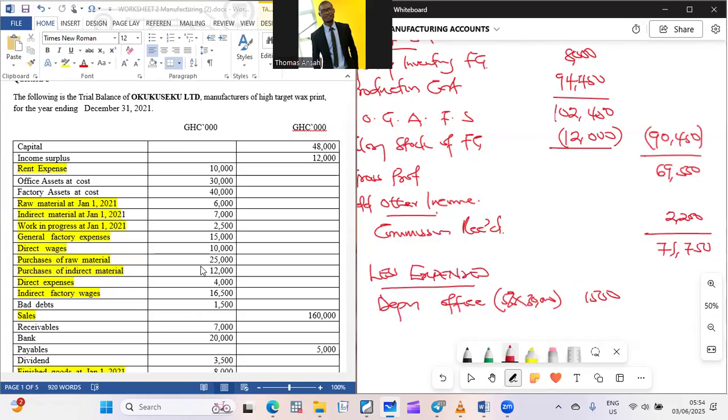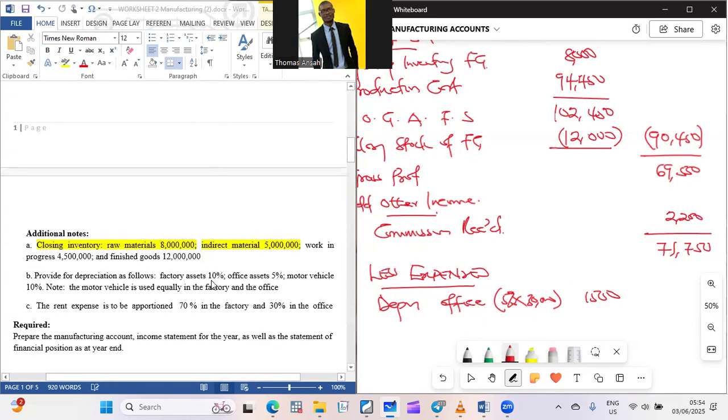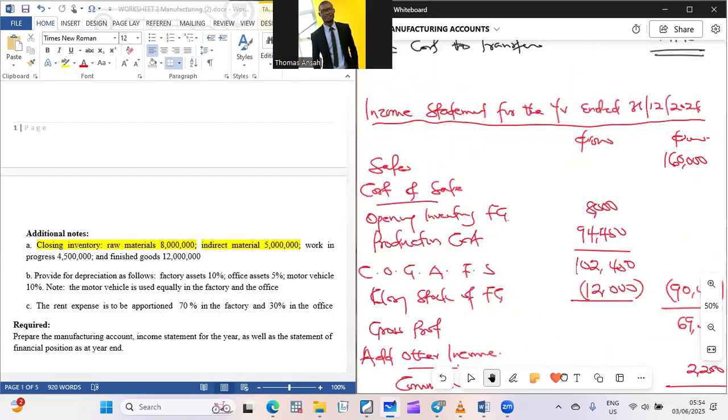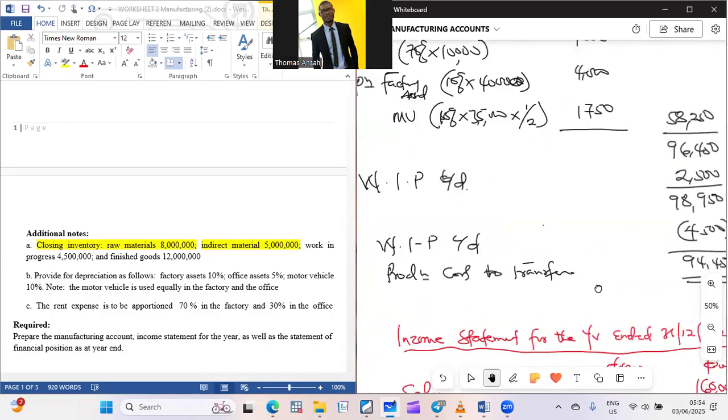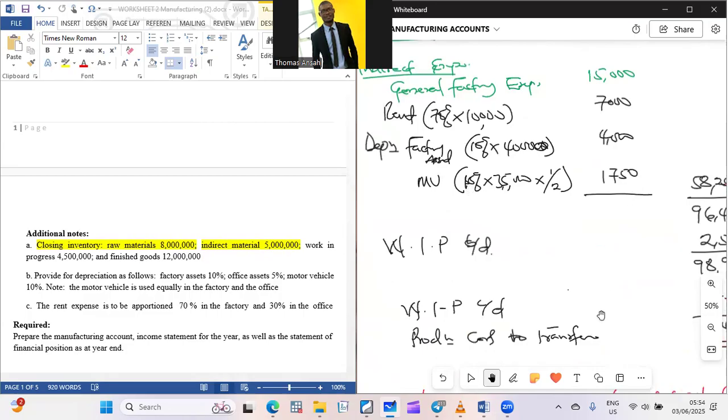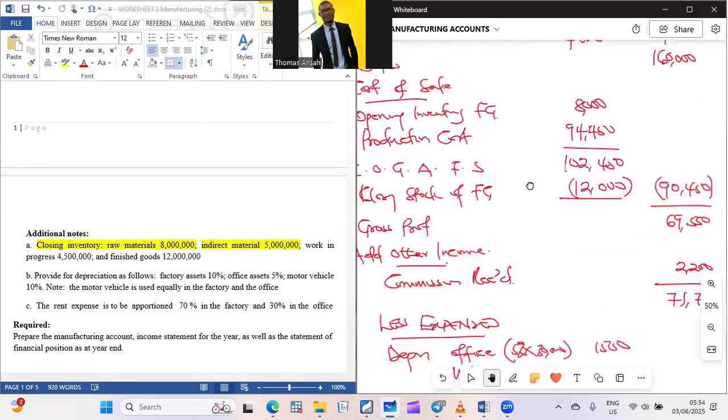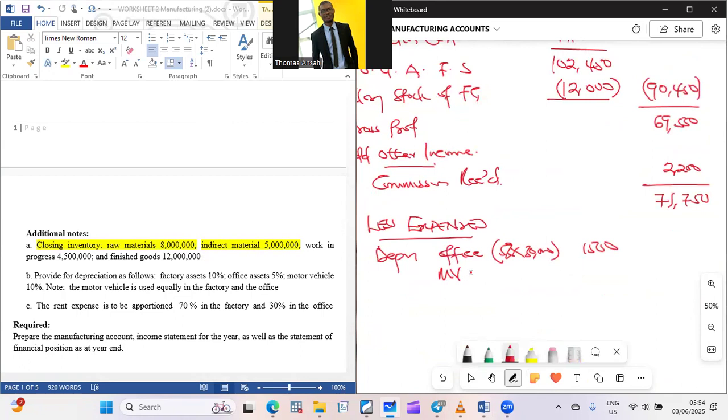Then what else is there? You had the motor vehicle too, that was 50-50. So the motor vehicle, I think you can see it from here. You did 50% at the top here. So the same thing, 1,750. So it was 10% of 35,000, which is 3,500, and half of that, which is 1,750.